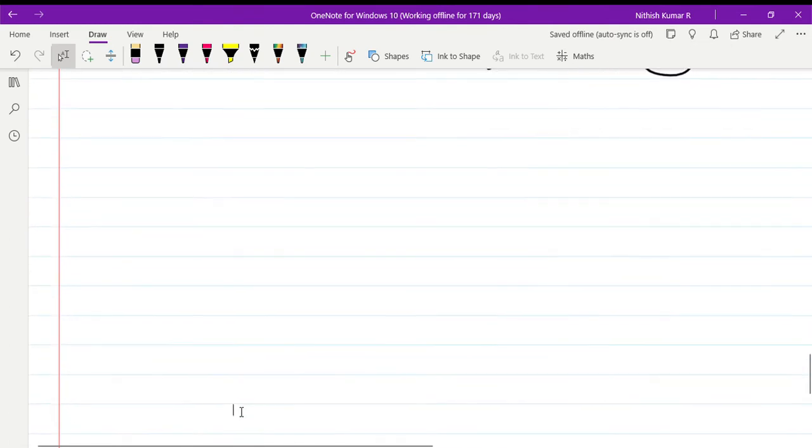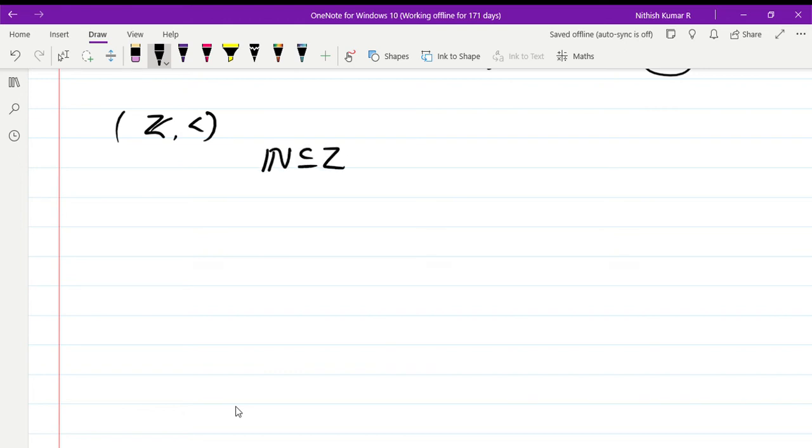Now, as N is an ordered set, the set of integers, that is Z, is also an ordered set. Now clearly N is a subset of Z. Moreover, whether N is bounded above.